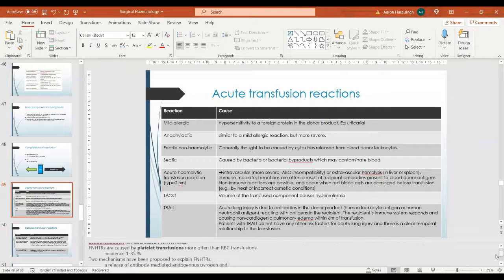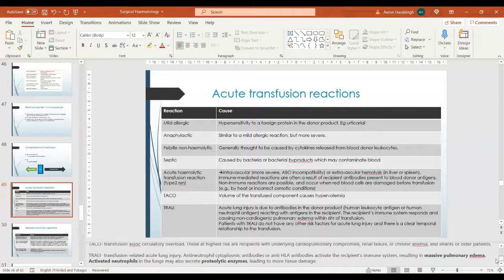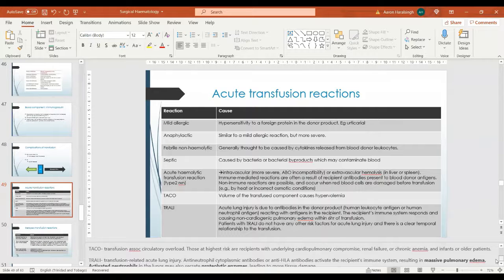Then there is transfusion-associated circulatory overload, which has to do with the volume of blood transfused, which can cause hypervolemia. And then there's transfusion-related acute lung injury, or TRALI, which is due to antibodies in the donor product, things like HLA or human neutrophil antigen antibodies, which react with antigens in the recipient.